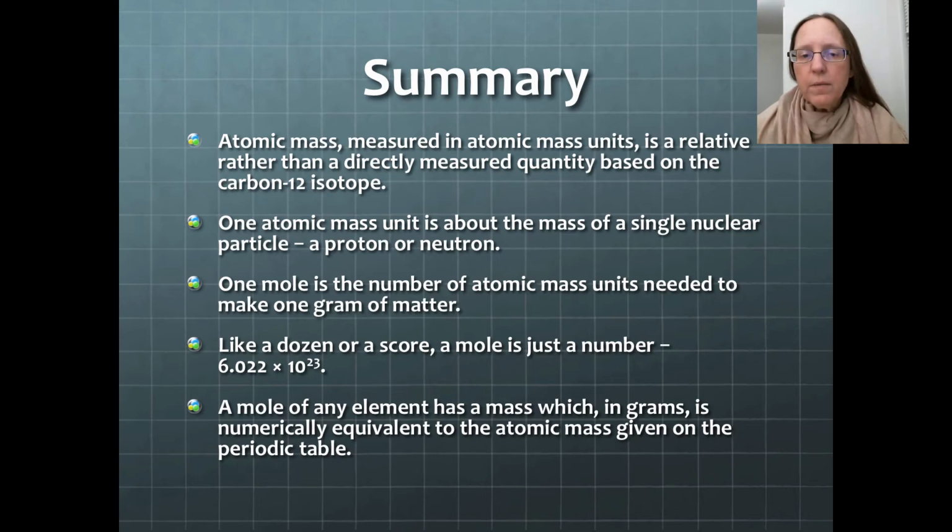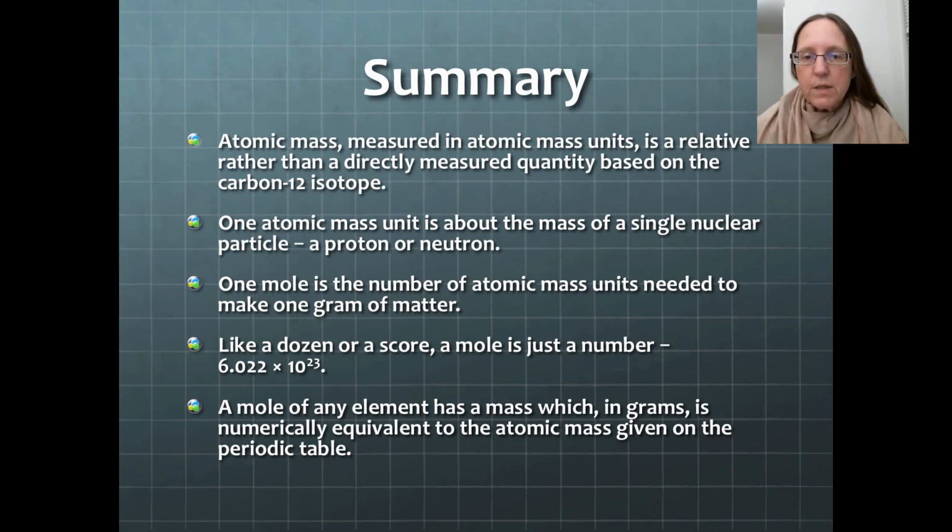In summary, atomic mass is a relative, rather than measured, quantity. Atomic mass is expressed in atomic mass units, or just units. Atomic masses are relative to the carbon-12 isotope. 1 atomic mass unit is about the mass of a single nuclear particle, a proton or a neutron. 1 mole is the number of nuclear particles needed to make 1 gram.